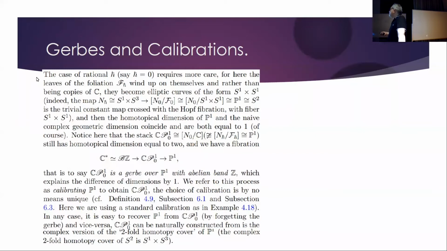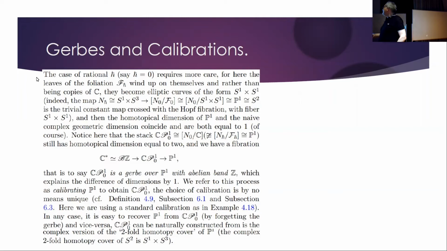Calibration is by no means unique, but there is actually a preferred one. There is a section to the space of calibrations, and I try to say this here cumbersomely, saying that you can recover one from the other naturally. From the point of view of homotopy theory, this is more or less taking the twofold homotopy cover of P1, but the complex one.